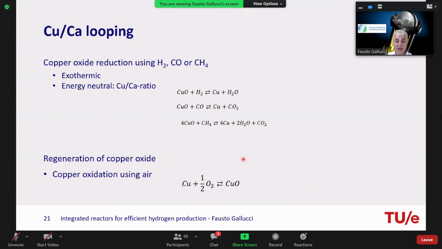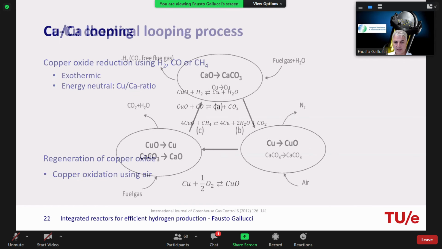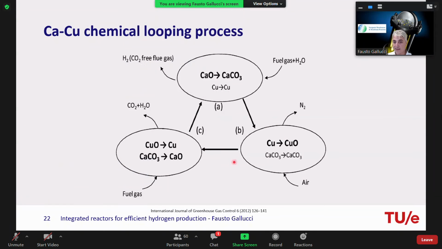Now, if you take all these reactions and you want to put them in a reactor system, what you have is 3 steps, at least 3 steps. And what you have is that in the first step, the fuel is reacting in gas phase, and the calcium oxide is taking the CO2.